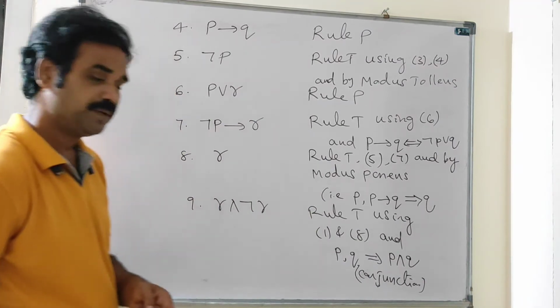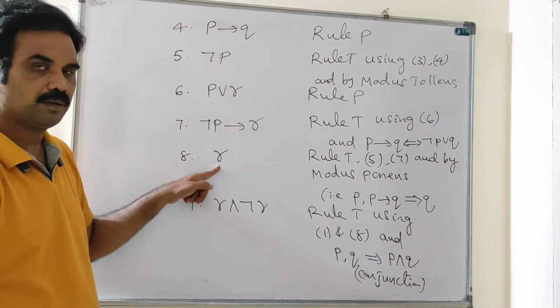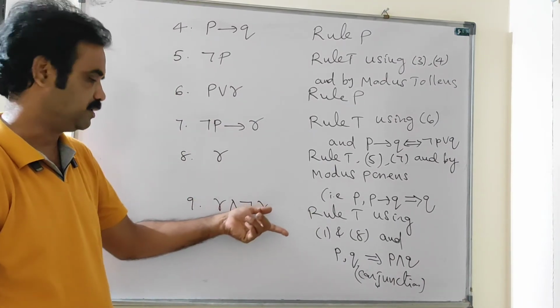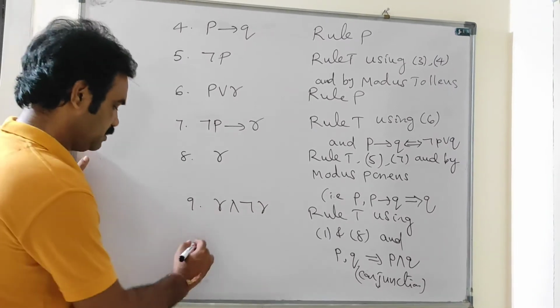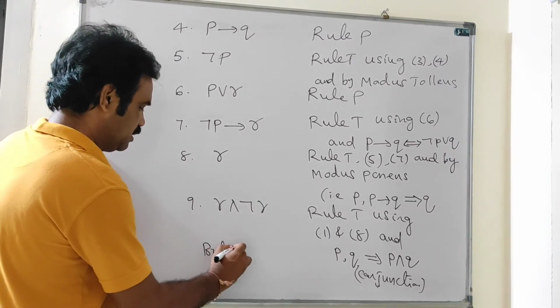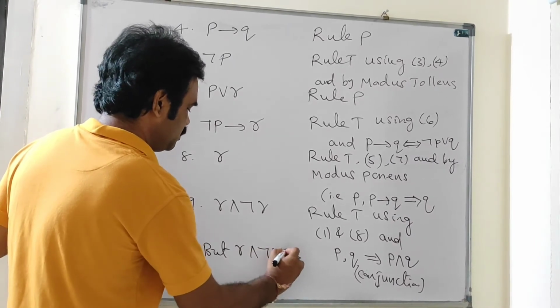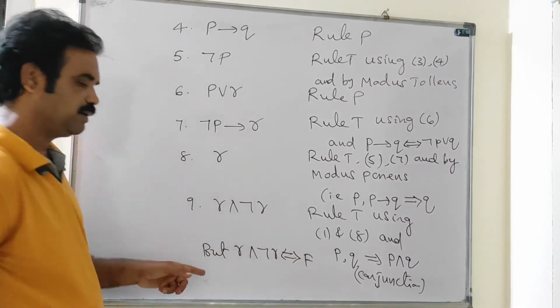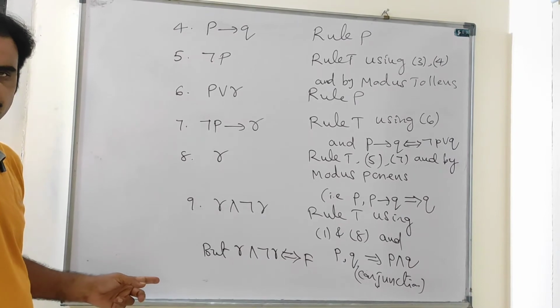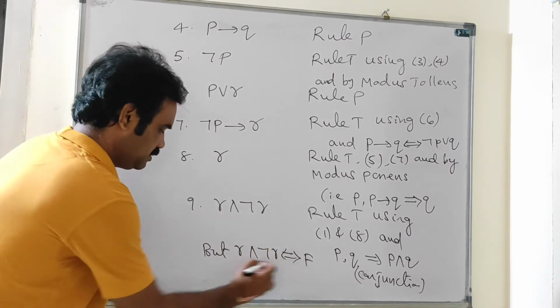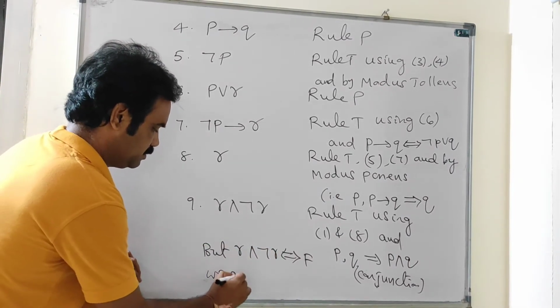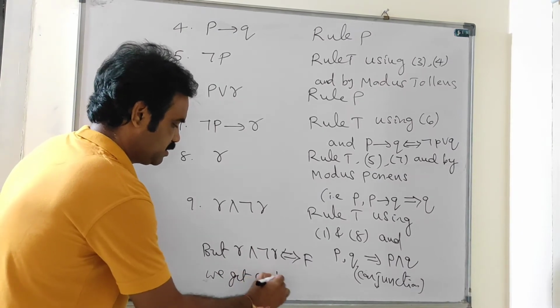In the first step, negation R; in the eighth step, R; imply R and negation R. But R and negation R is equivalent to F, that means contradiction. F means contradiction. So you get a contradiction.